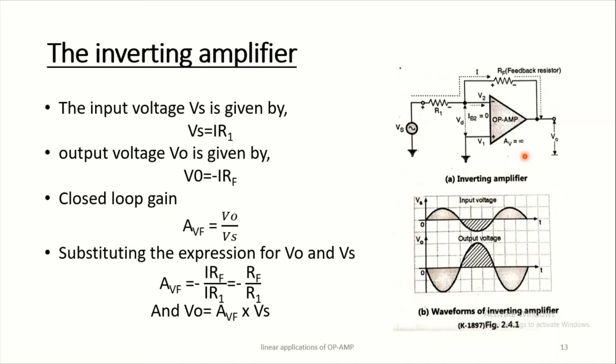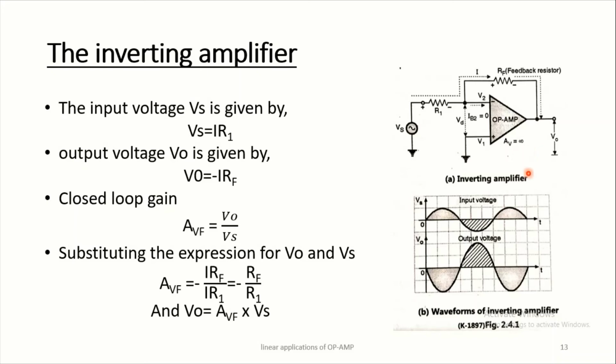As the op-amp is ideal, its open loop voltage gain Av is infinity, here minus infinity, because negative feedback is introduced, and the input resistance Ri for the ideal amplifier is infinity. The negative sign for Av is due to the inverting configuration.